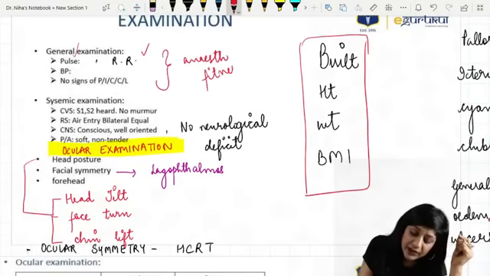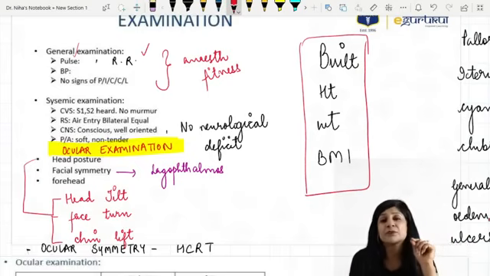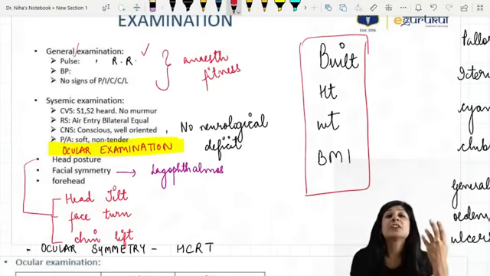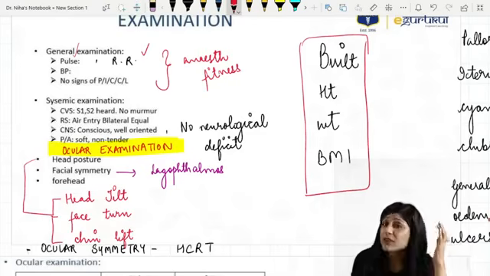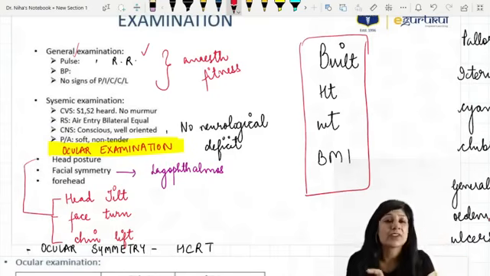And you know that before going for the surgery, we require the fitness of the patient. We always require the pre-anesthetic checkup. Plus, local anesthetics will not be given in cases of arrhythmias. So that is the reason why we will be doing certain tests also, which are the pre-operative investigations.